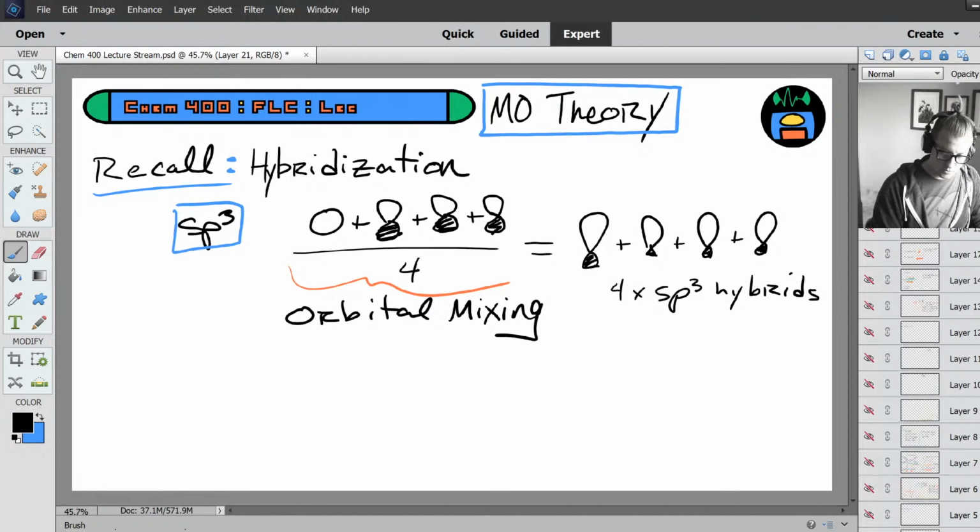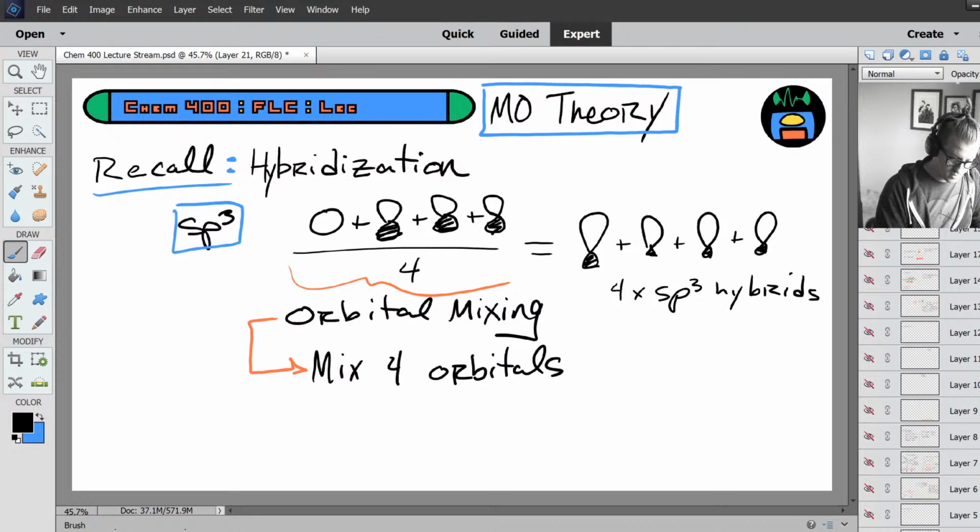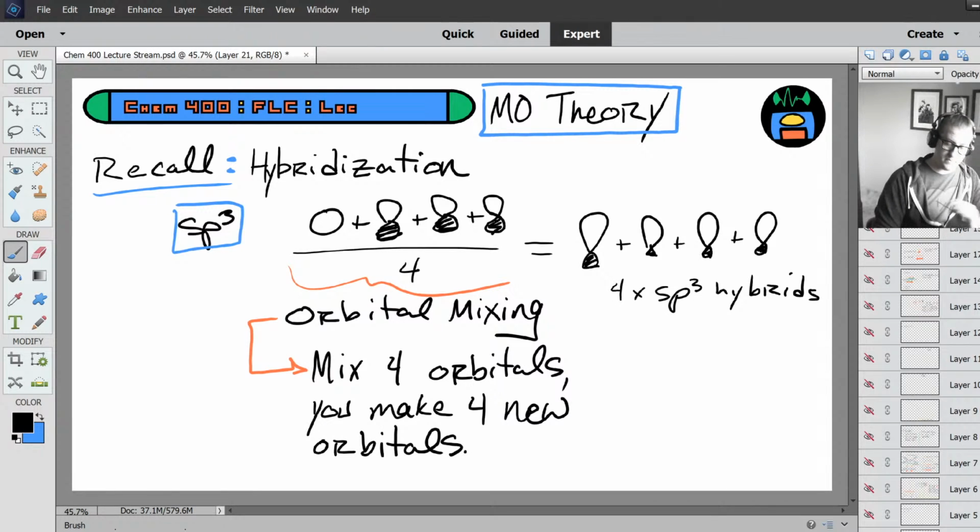In orbital mixing, when you mix 4 orbitals, you make 4 new orbitals. You mix 4 orbitals, you make 4 orbitals. That's how orbital mixing works.